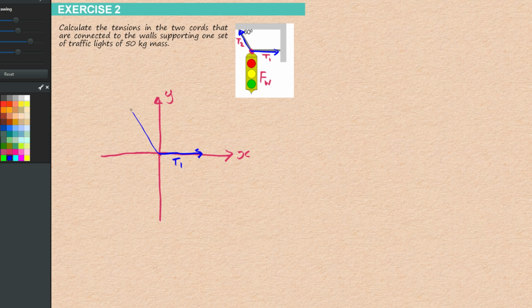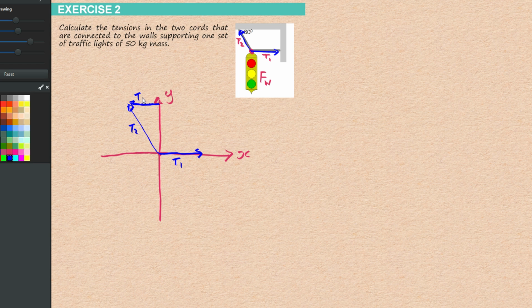So that one goes up in this direction, and T2. And because I'm doing the component method, I probably want to draw a line parallel to the x-axis.